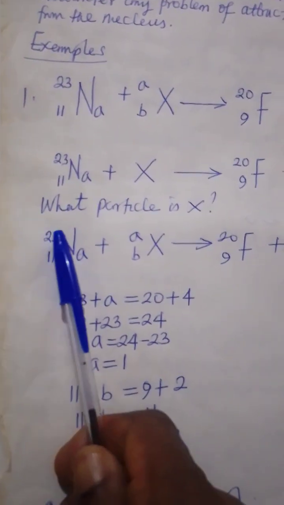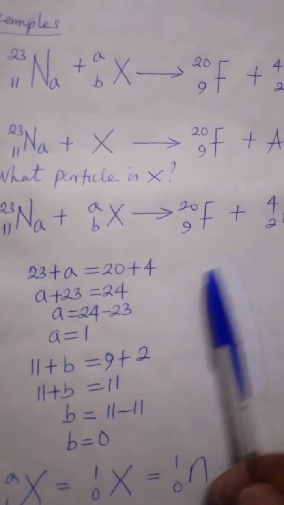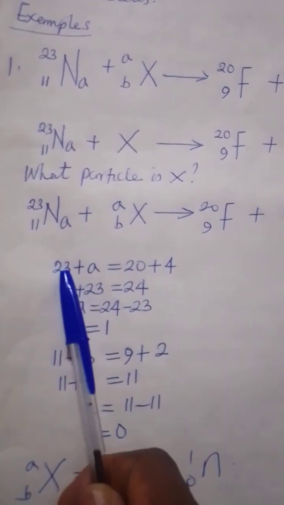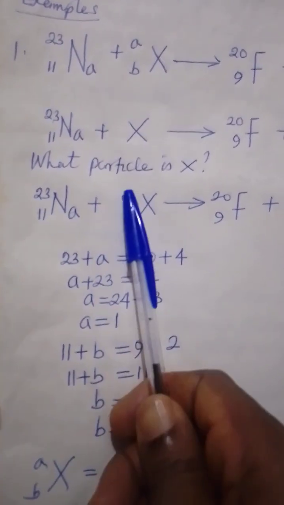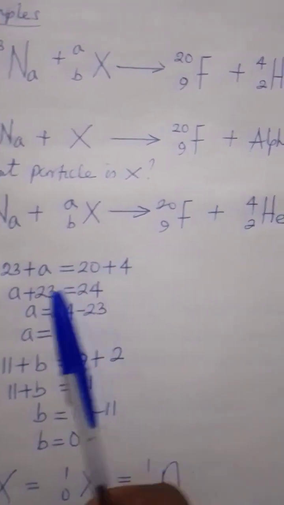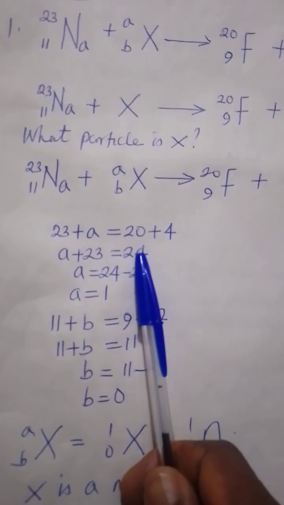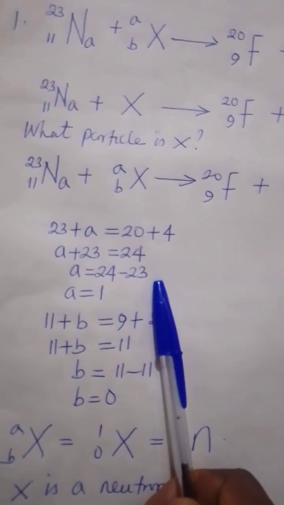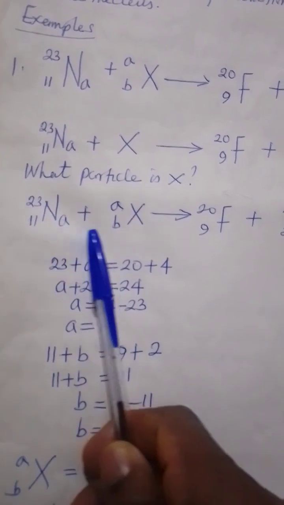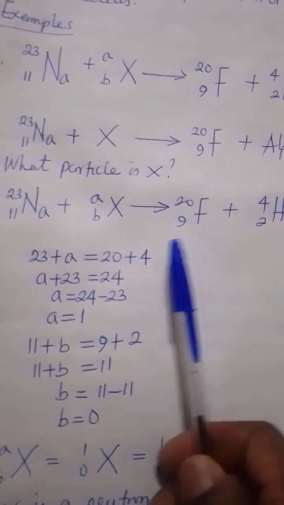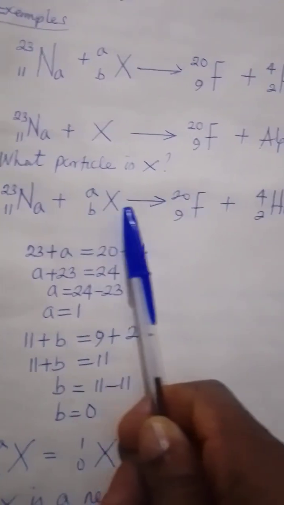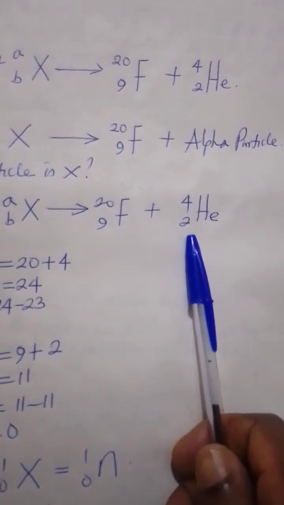So then we consider the mass numbers first by adding them and equating to the other side. That is 23 plus A is equal to 20 plus 4. So 20 plus 4 is 24, so A is 24 minus 23. A is 1. Then you consider the proton number, which is also called the atomic number. 11 plus B is equal to 9 plus 2.